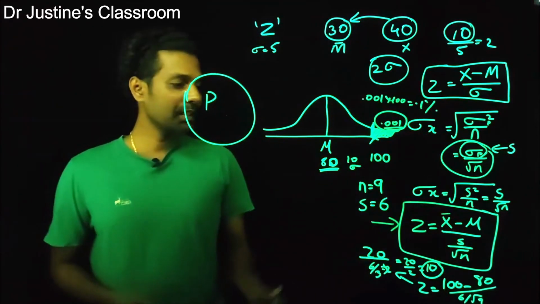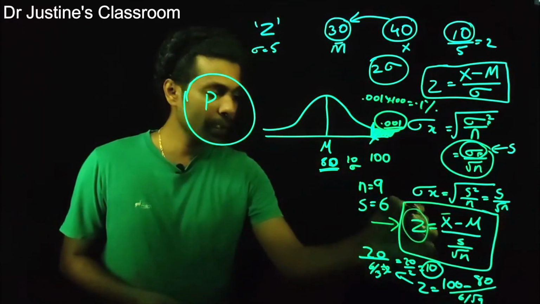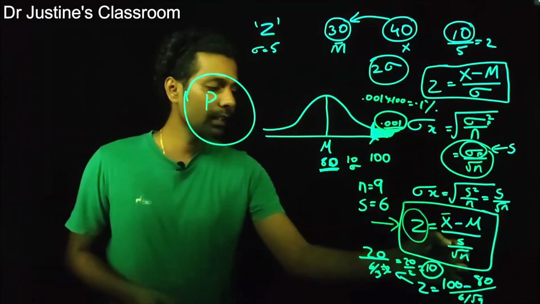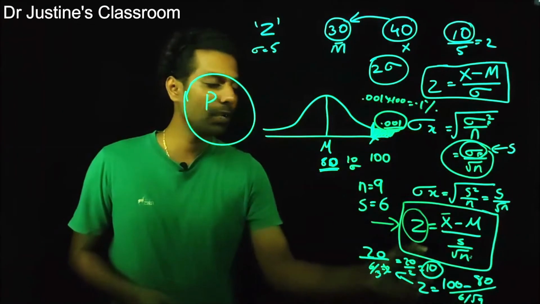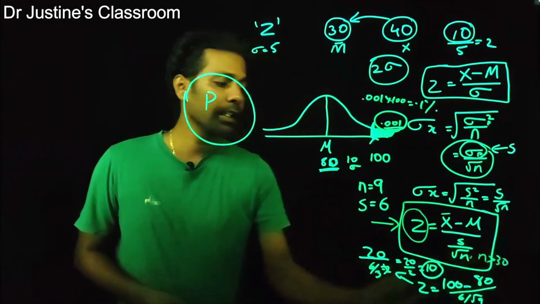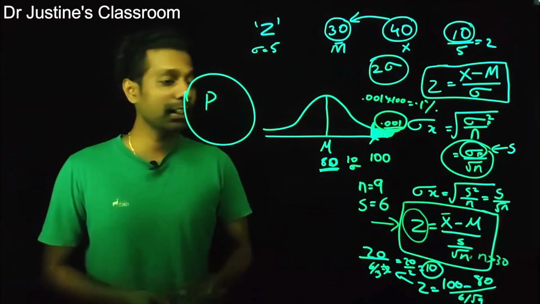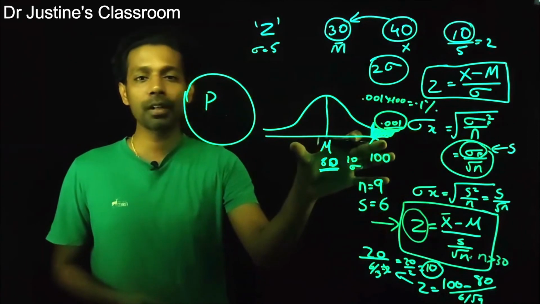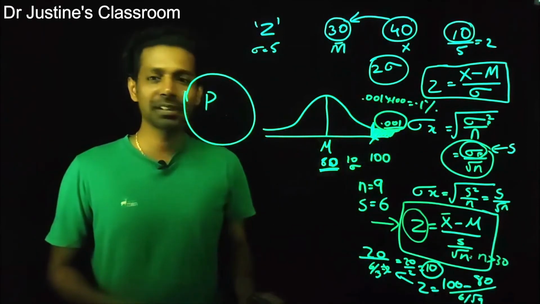Now the problem is this Z follows a normal curve like this when n is greater than 30. If n is not greater than 30, this Z value will not follow a normal distribution. Now that's a twist.